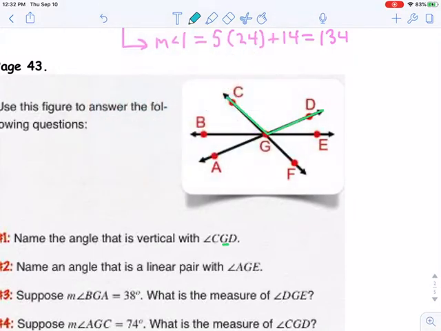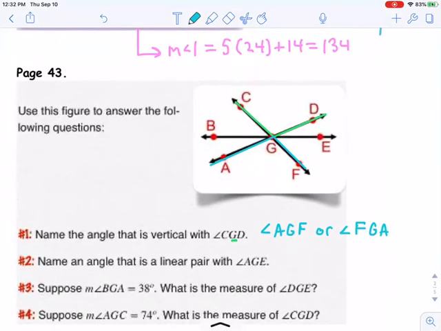Well, that would be angle AGF. Remember, they form an X. Vertical angles form an X. They share a vertex. You could call it FGA. Order doesn't matter. It's just the vertex has to be in the middle.